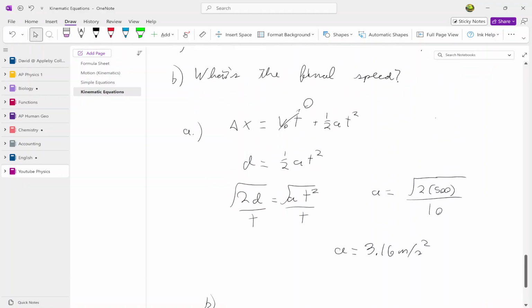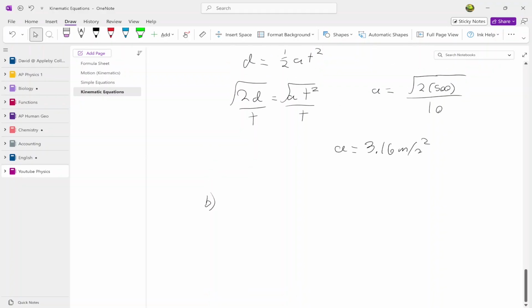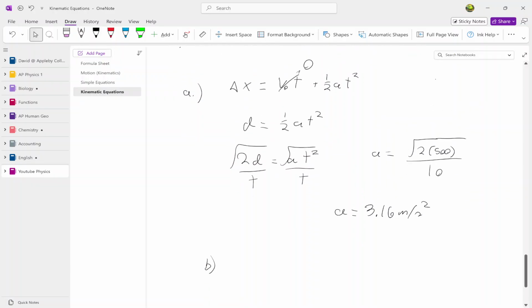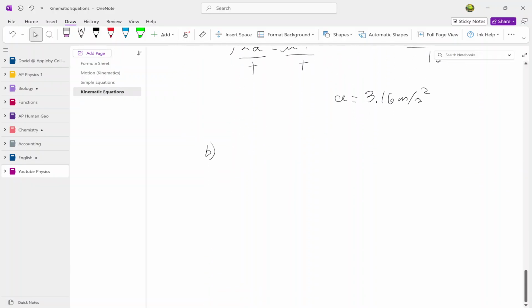Then B, final speed. This one's actually a bit simpler because VF minus VO over T, and VO turns into 0.